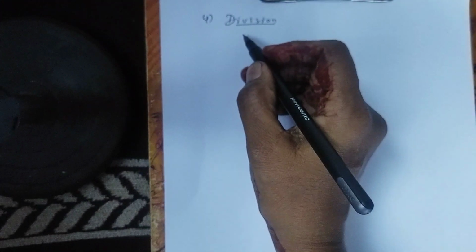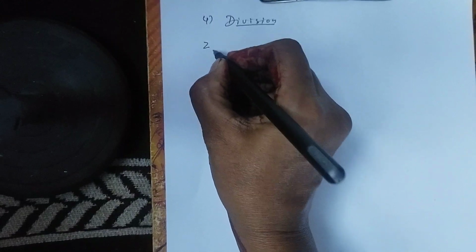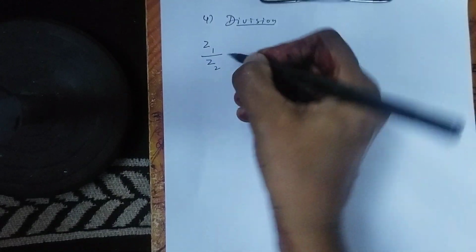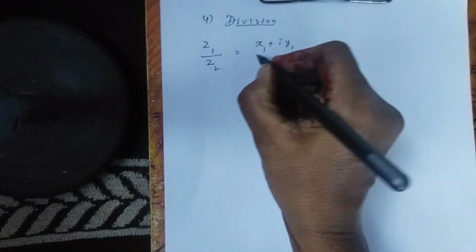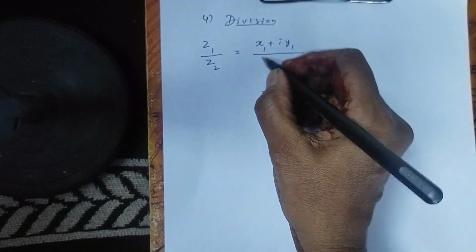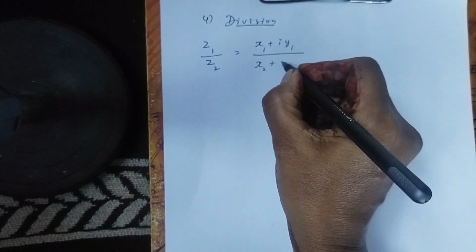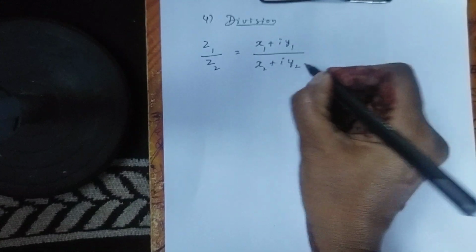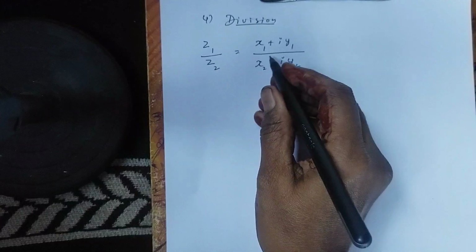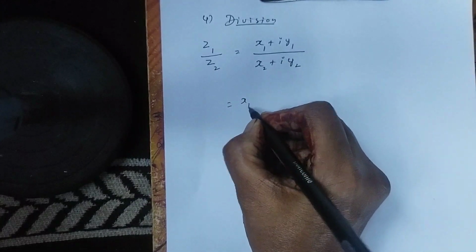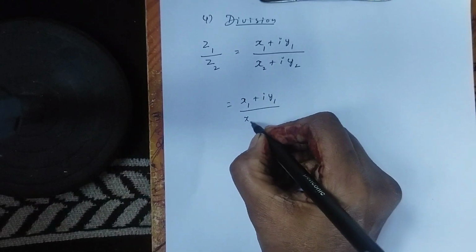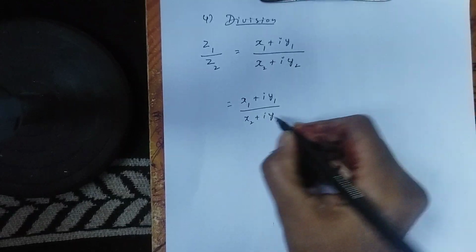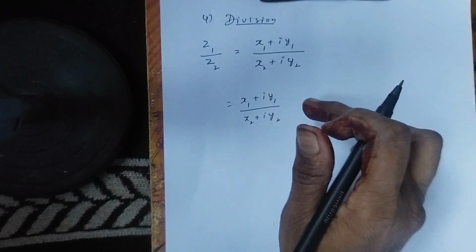Now we will do the division of complex numbers. I will show you. z1/z2 = (x1 + iy1)/(x2 + iy2). You should be very careful while writing x1, y1, x2, y2, otherwise you will get the wrong answer. To simplify this, what to do?